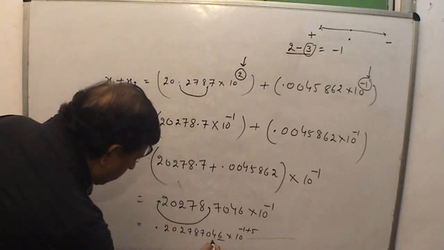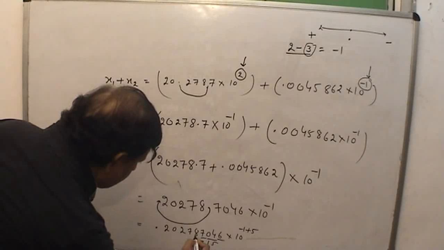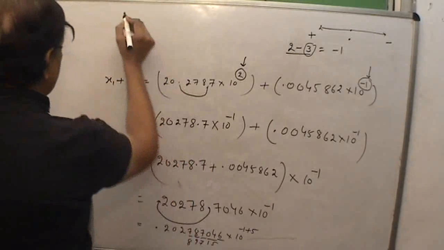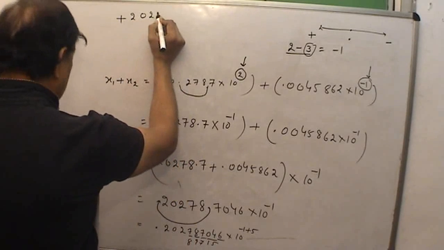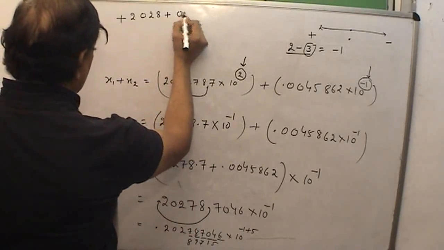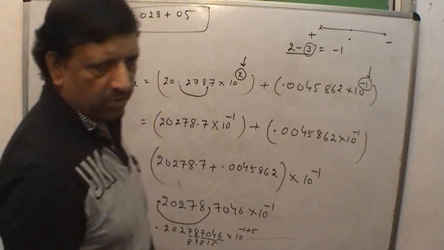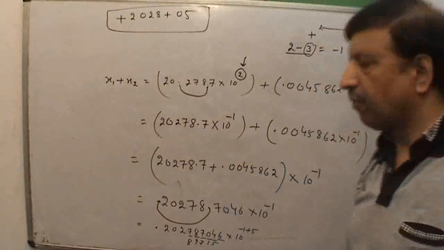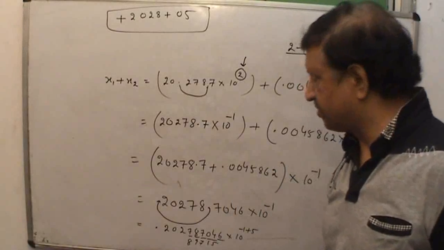Here it is 6, we count it as 5. It is 5, it is 1. It is 7, it is 9 and it is 8. So we can write it plus 202.8 plus 0.5. It is the complete calculation that our system will follow under the format 8 decimal floating representation.